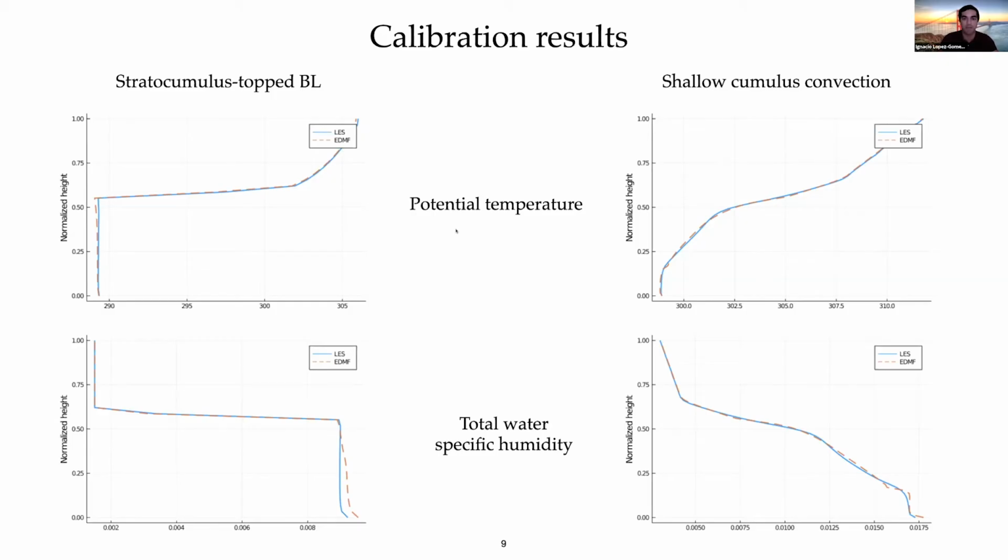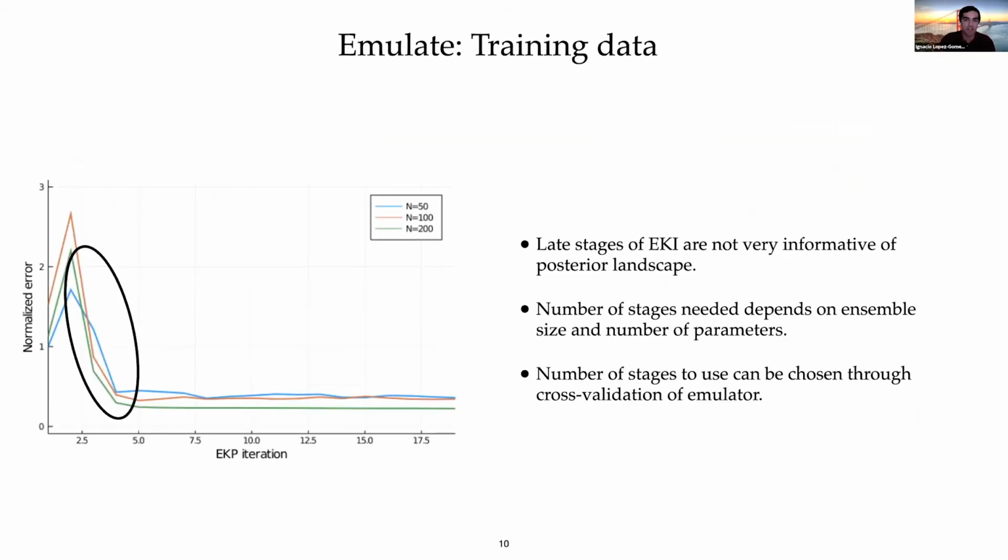But at this point, we only have a point estimate of the parameters, and we do not have any information about uncertainty from the calibration stage. So this is where we have to turn to the next stage, which is training the emulator, where we will use the data that we generated in the calibration stage. Here, we're not performing any additional forward model evaluations.